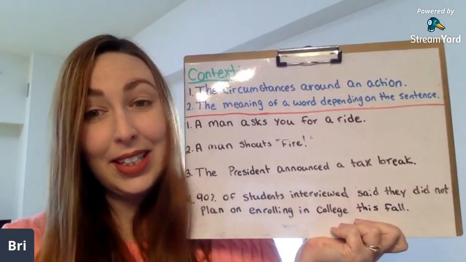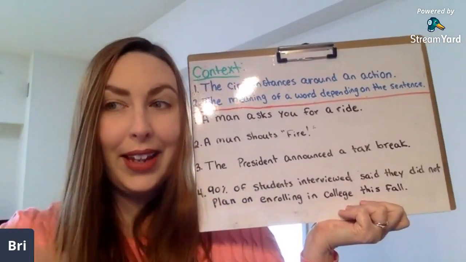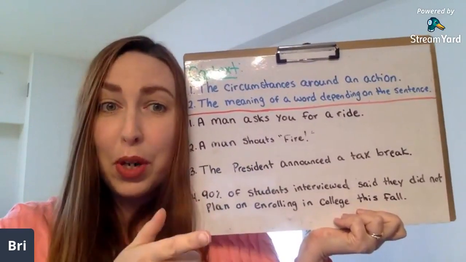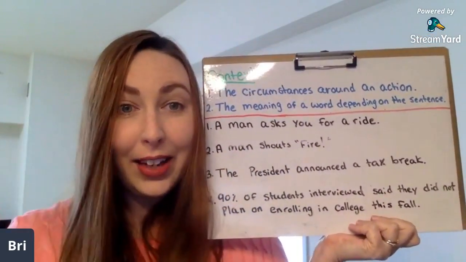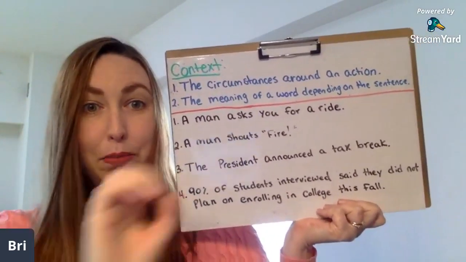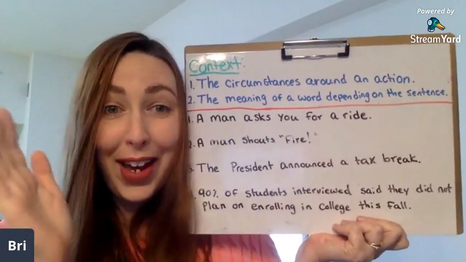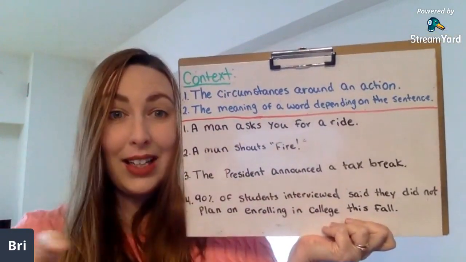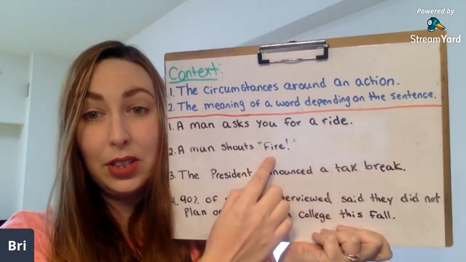Or is he like a commander of a naval ship, and he's saying, fire your weapon, fire your gun, fire your cannon, right? Or is he shouting, fire, there's a fire, oh my gosh, save me. Okay, so depending on the context, the meaning of this word will change. Okay?